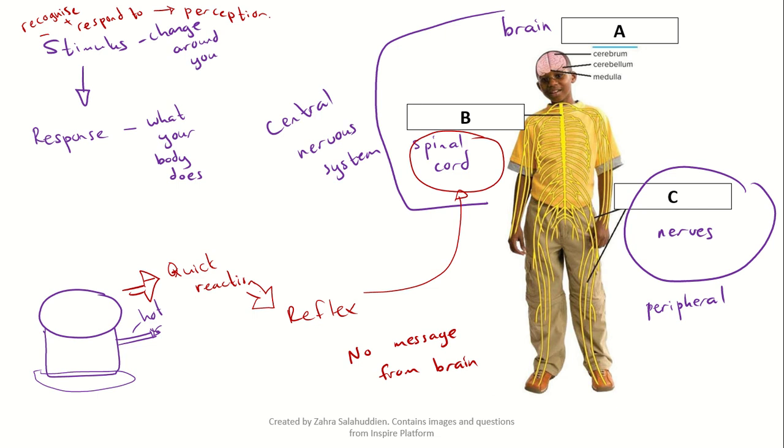Okay, so perception, maybe you've heard that word before. Perception, the meaning of it is when we recognize, that means we can tell that there's a change around us and our body responds to it. So these two words together, recognizing our stimulus and our response, is perception.